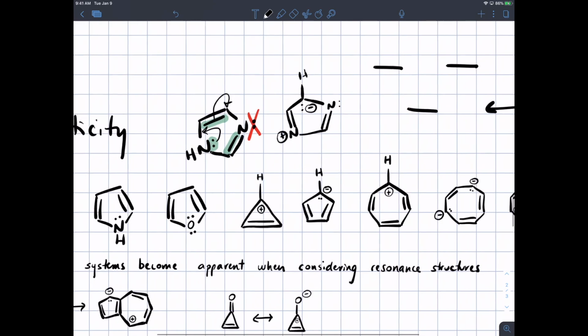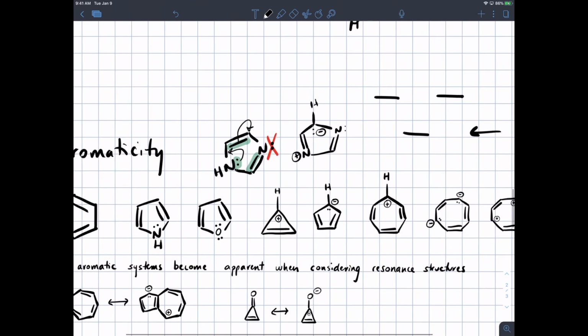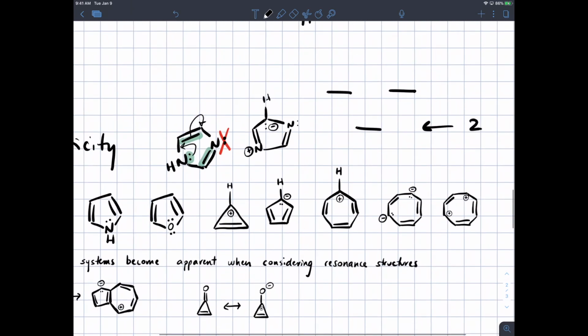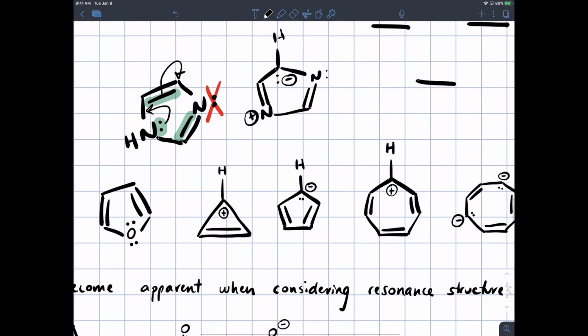Okay, aromaticity can explain why some carbocations are more reasonable than others. For example, your text actually points out that the cyclopropenium cation is more stable than the corresponding allyl cation.